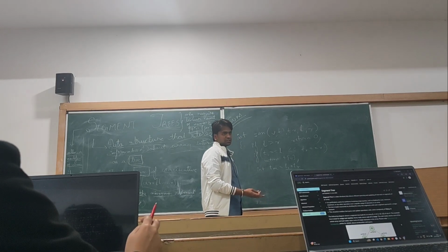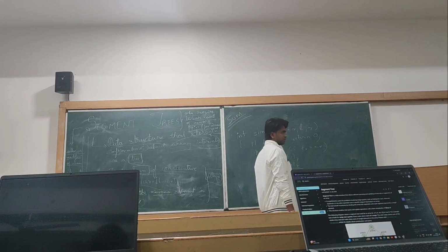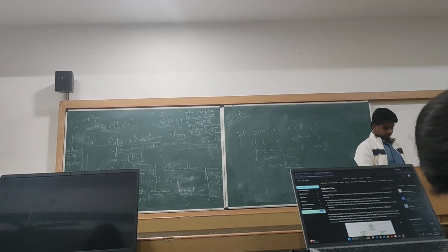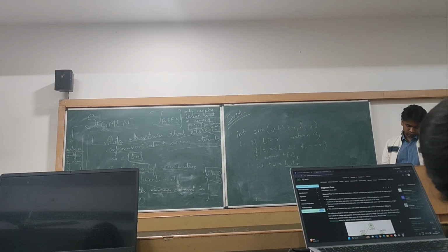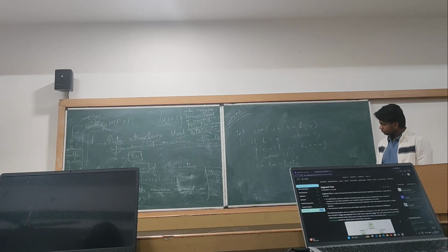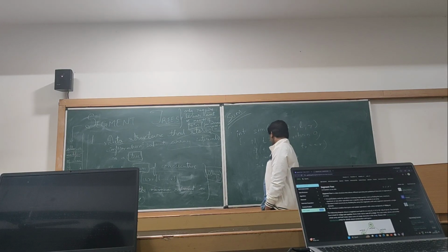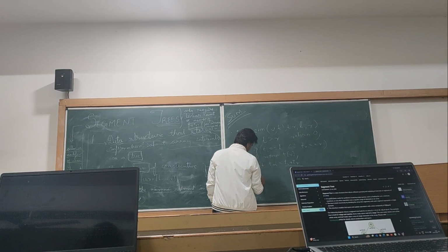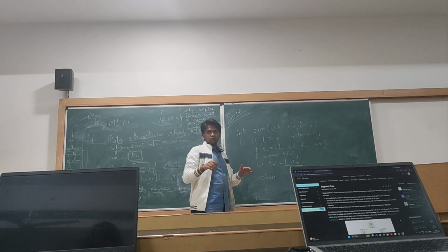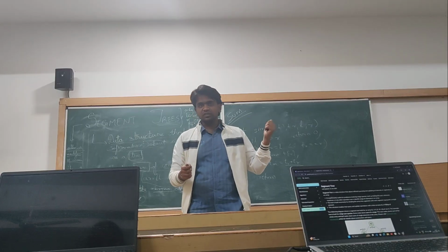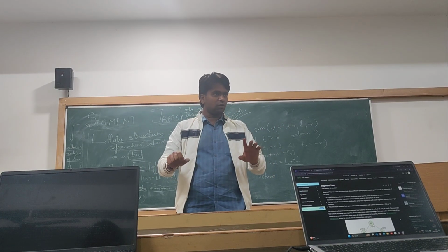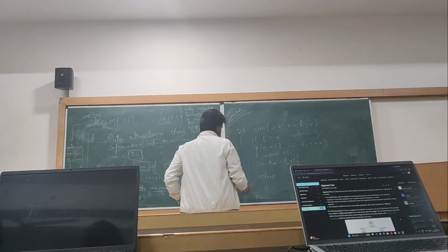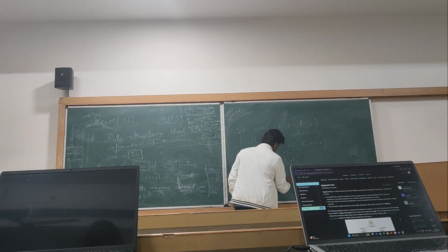TM is equal to TL plus TR by 2. Now think recursively, what will you do? Now since this is done, you will return what? Sum of left plus sum of right. Okay?